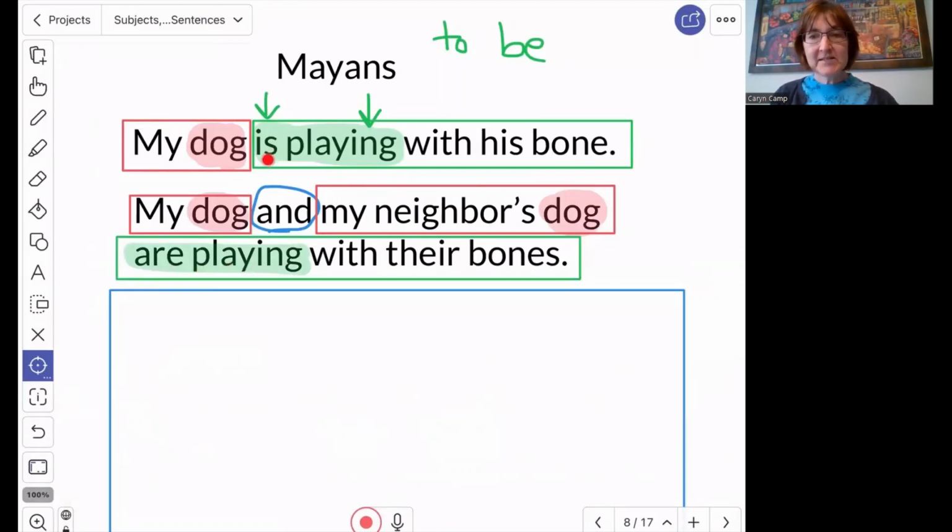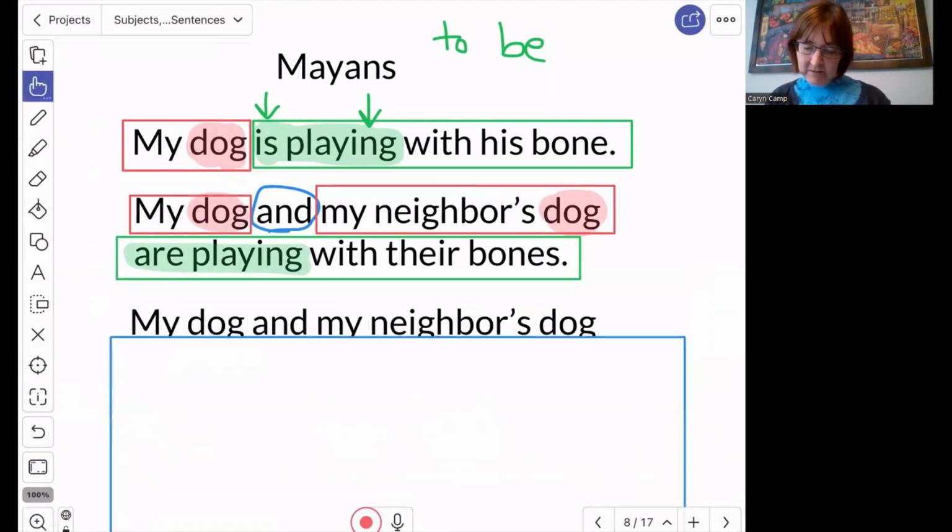Notice that we use is here because it's just one dog, but we use are here because there are two dogs. Is this a simple sentence or a compound sentence? It's a compound subject, but the sentence is simple because it is red, red, green. Both of these subjects are doing this. We cannot split this sentence into two and have it make sense.